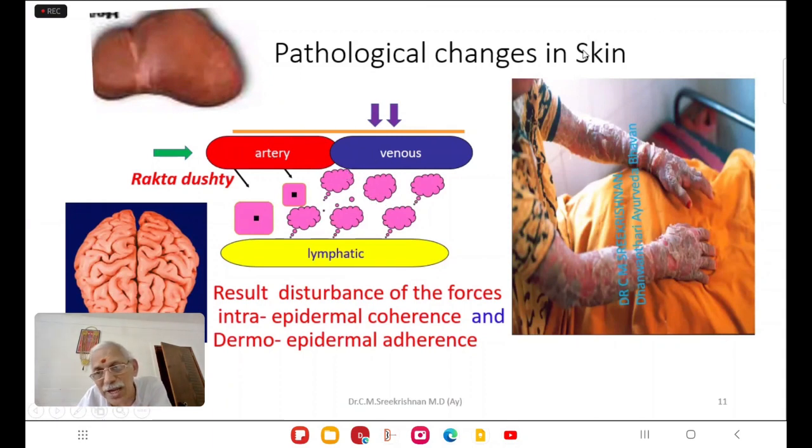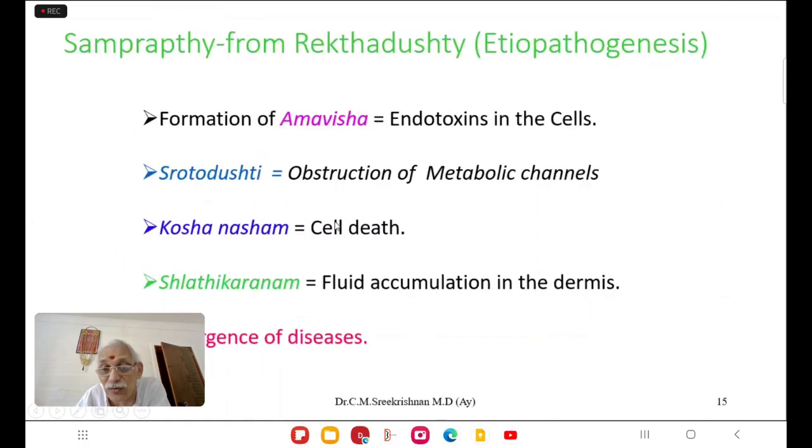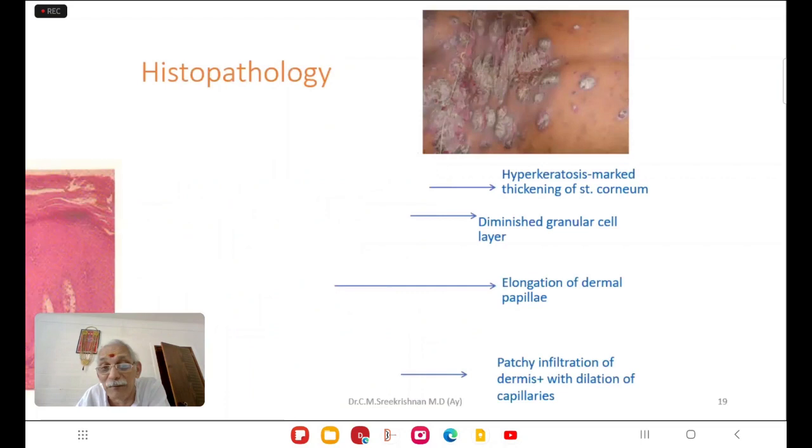So by Raktamokshana immediately, or even Virechana also, that is the effect of Panchakarma. If you are doing Virechana, you are pulling some water and waste from the body. That will create pressure in the vein, and it will absorb the accumulated waste into the vein. So the osmotic pressure and hydrostatic pressure will change, and more and more nutrition will come here. The reparative process starts, and the skin will become healthy. So this is how Raktamokshana works, which is half of the treatment, especially in skin.